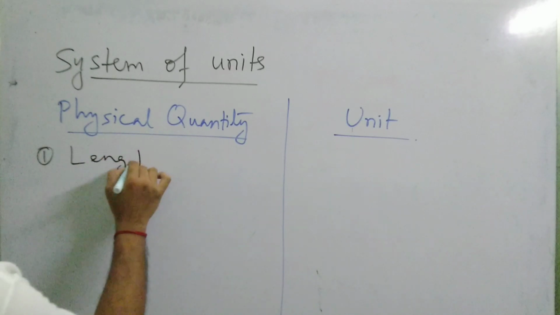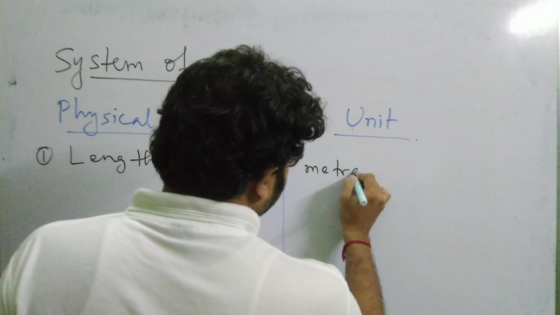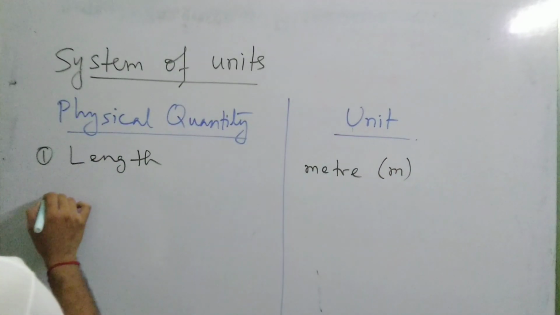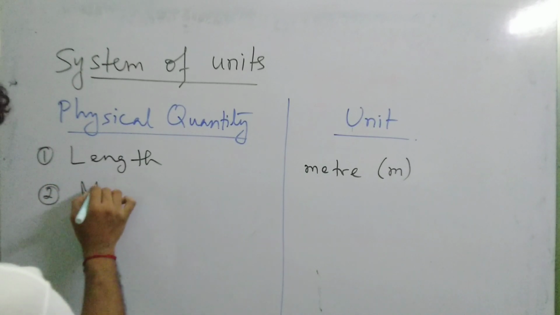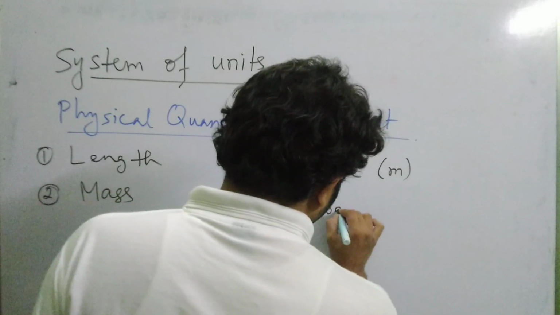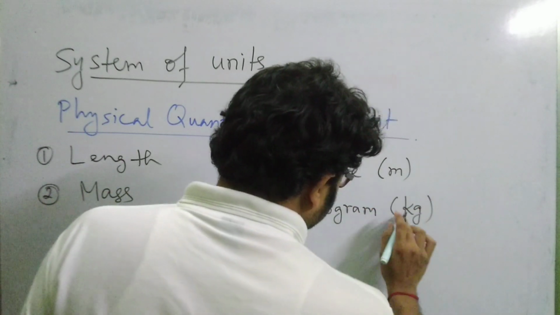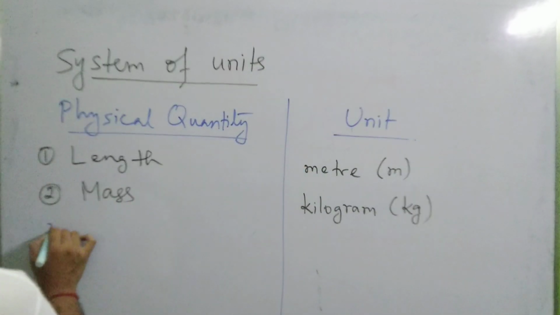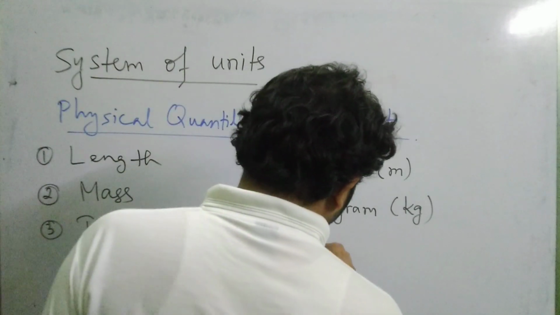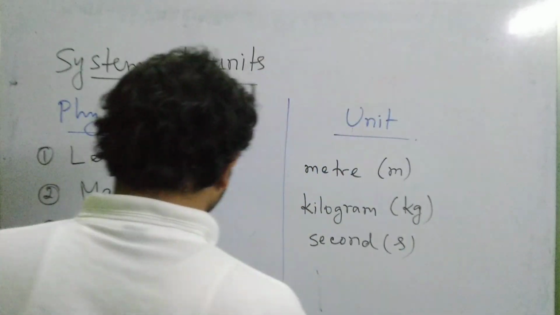Length has an SI unit of meter and the symbol used is small m. Okay. Second is mass. The SI unit is kilogram, not gram, rather it is kilogram. So the symbol we use is kg. Third is time. For time the SI unit we use is second, denoted by small s.